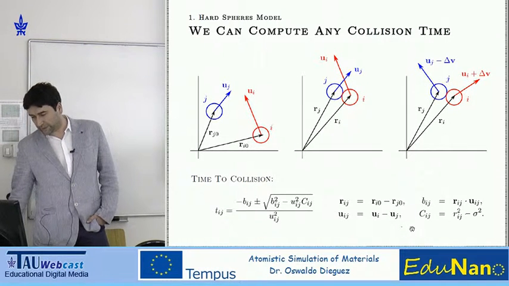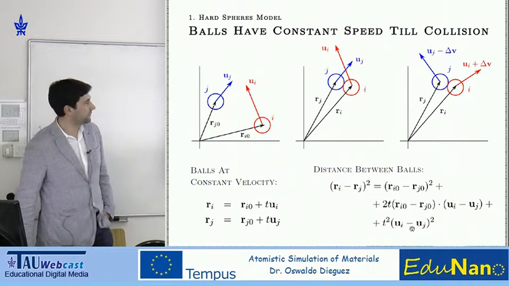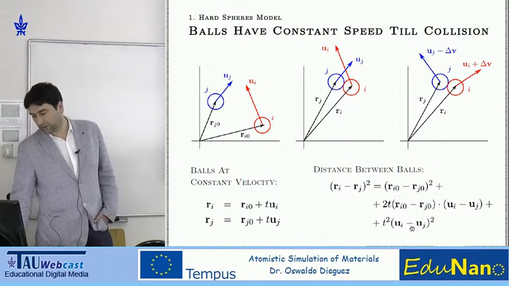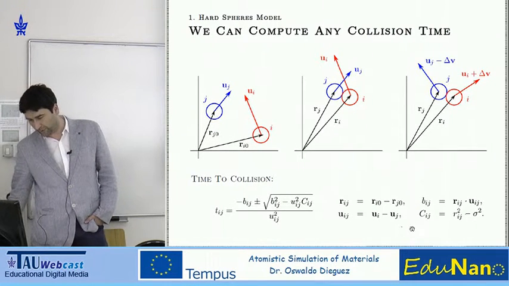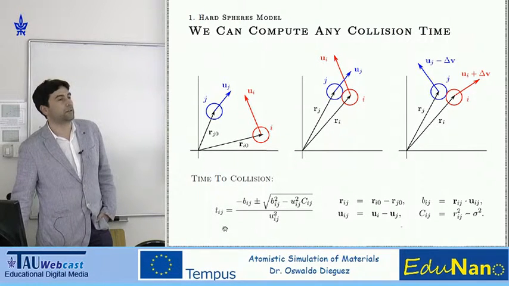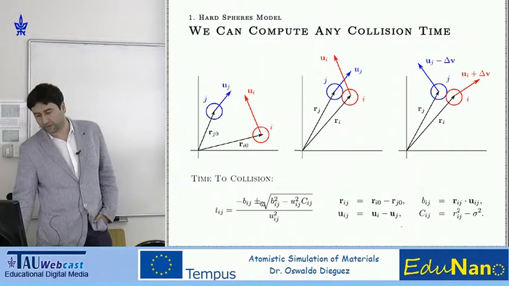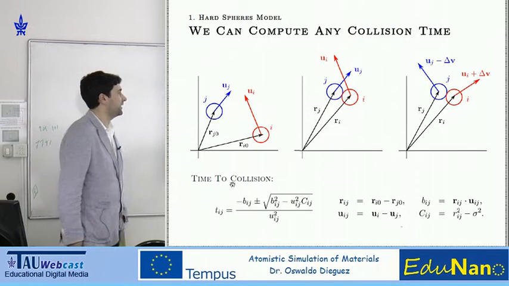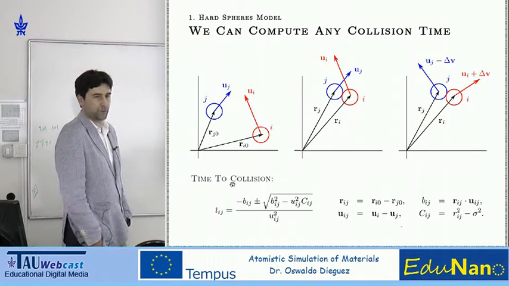Now you have a second order algebraic equation that you solve with a very simple formula that you learn in primary school, and you get the expected time to collision. This, with some variables to make things easier to write, might be a real number or might not, because nobody says the two balls have to collide at some point.